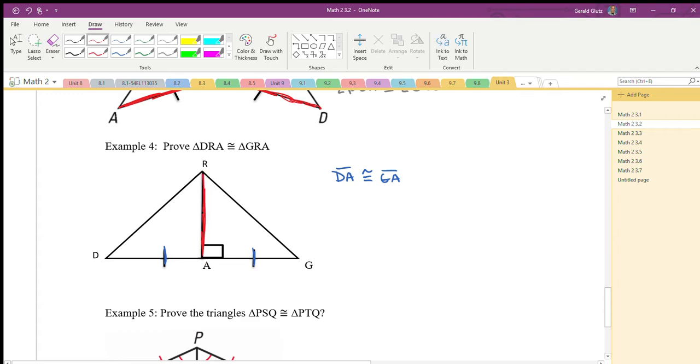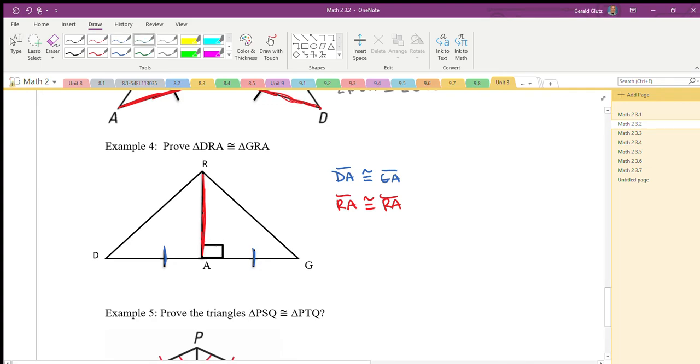So we got a side that is being shared by the two different triangles. So this triangle uses this red side, this triangle uses this red side. It's the same length for each triangle because it's a shared side. So RA is congruent to RA. And that's true by the reflexive property, which is something we'll learn later.